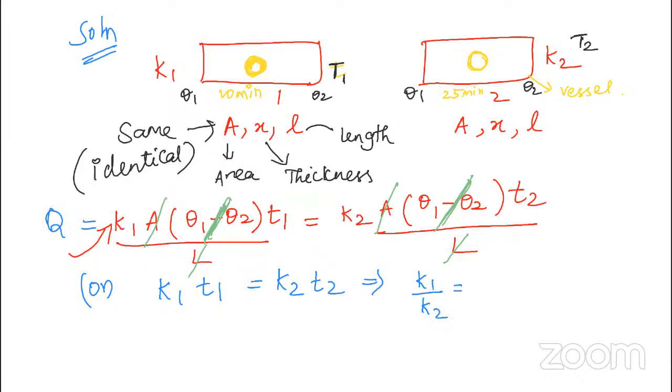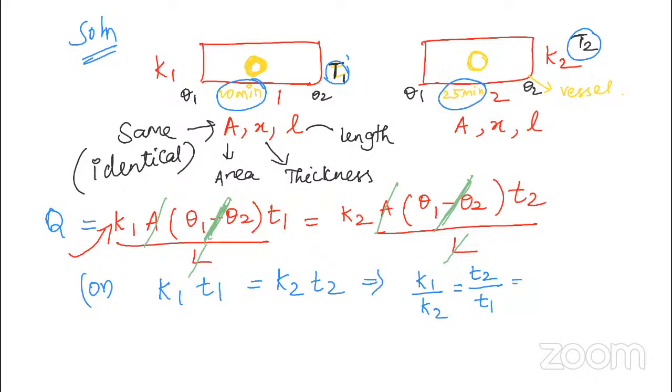The problem asks us to compare the coefficient of thermal conductivity of the materials of the vessels, comparing 1 and 2. So K1 by K2 is equal to T2 divided by T1. T1 is 10 minutes and T2 is 25 minutes.